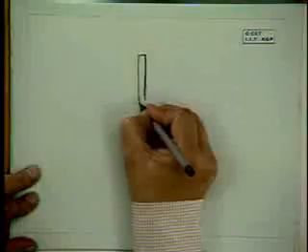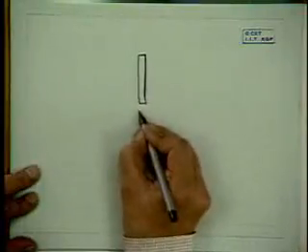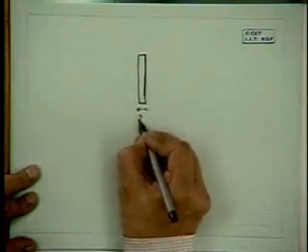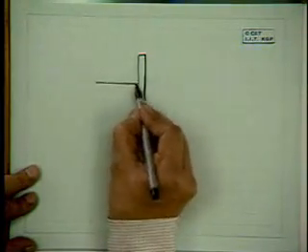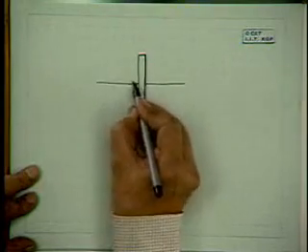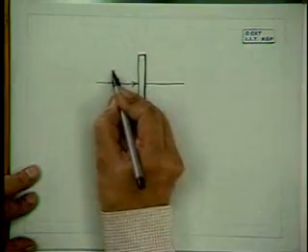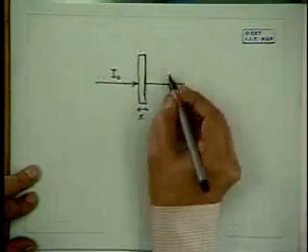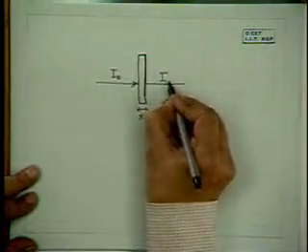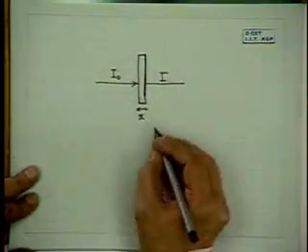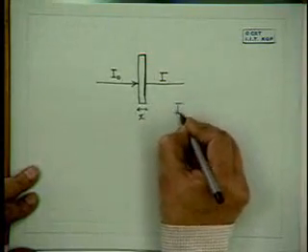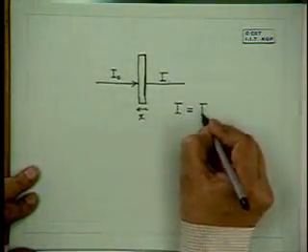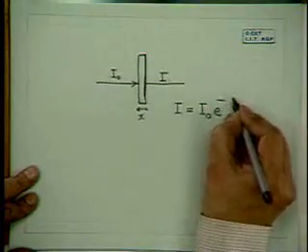If we have a sample of thickness x, the incident light intensity is I0, the transmitted light intensity is I, then we know that I is equal to I0 e to the power minus alpha x.